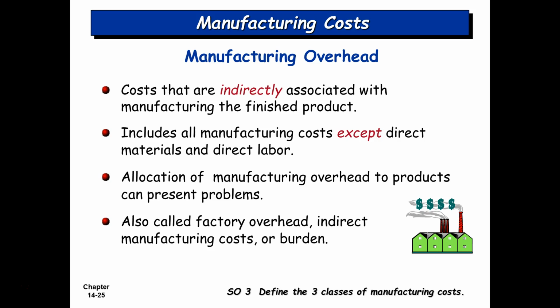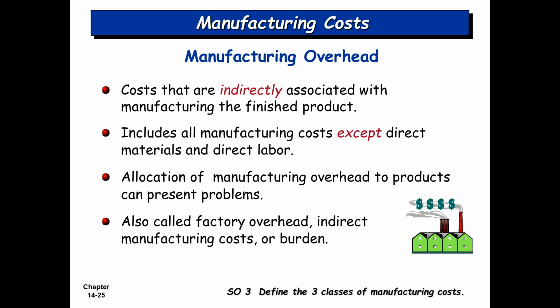But again, it's got to be associated with the product itself. We're going to see how other costs are treated. So again, that was direct materials, direct labor, and overhead.